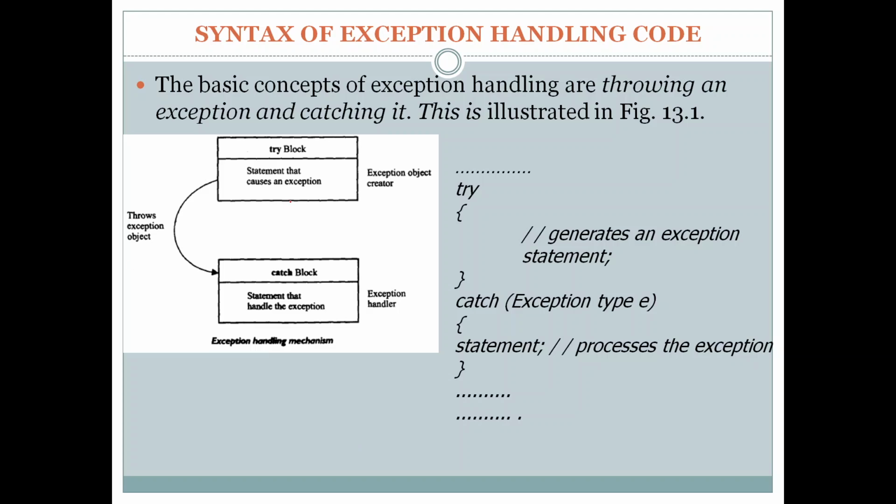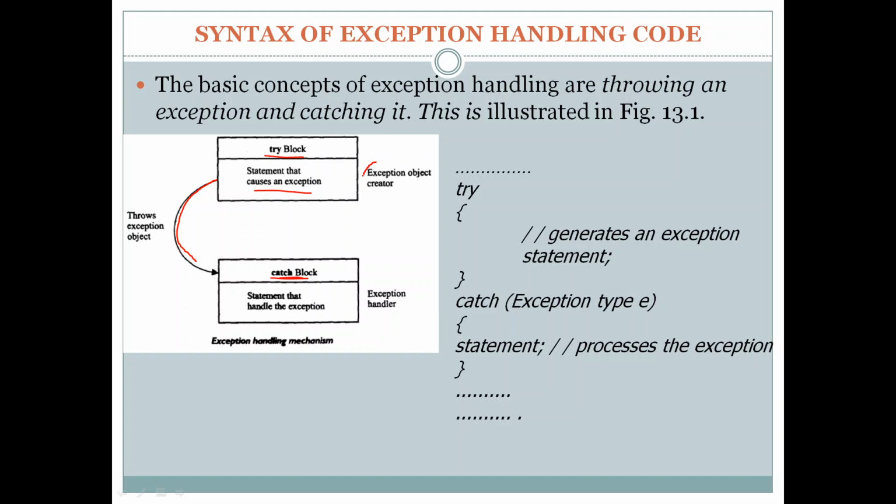We have two important blocks, the try block and the catch block. The try block generally includes statements that may cause an exception, and when there is an exception in a statement, an exception object is thrown, and that is caught by a catch block.